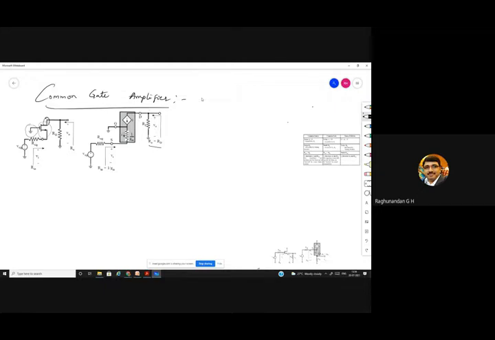But when you want to design an amplifier, we prefer the common source amplifier. Similarly, when we are using BJT also, we prefer the common emitter configuration, CE mode. We usually say the amplifier will be in CE mode.